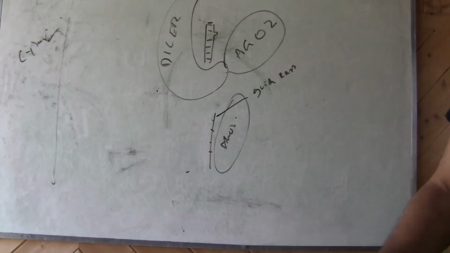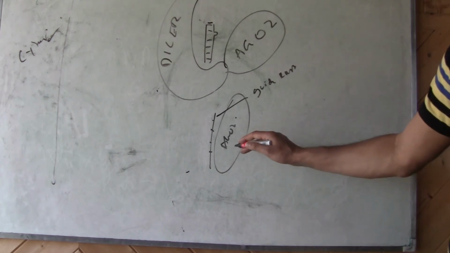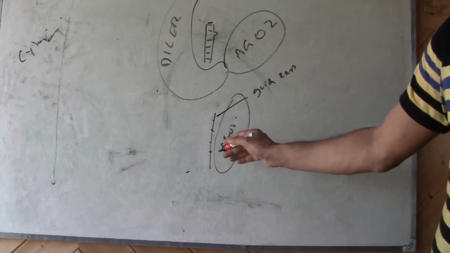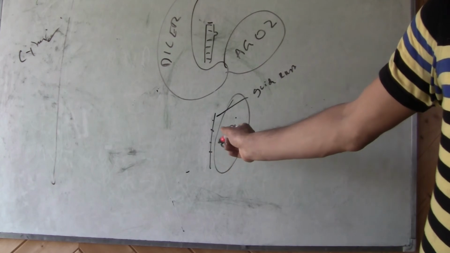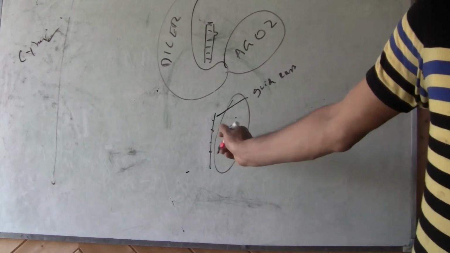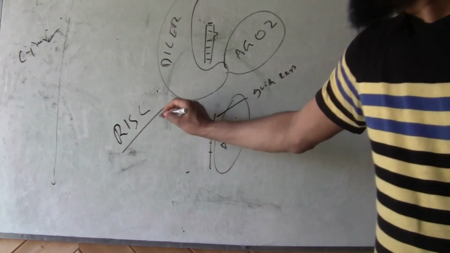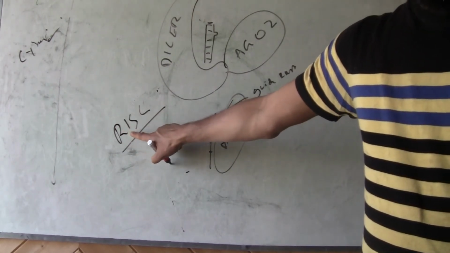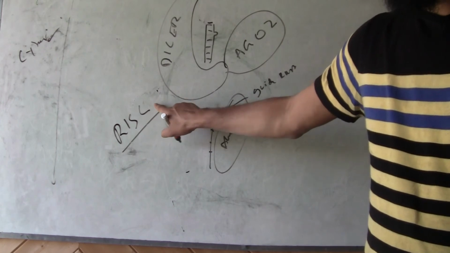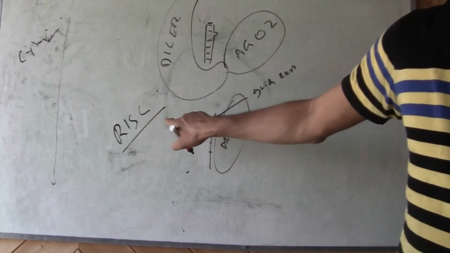Now what happens is this AGO-guide RNA complex interacts with RISC, the RNA induced silencing complex.